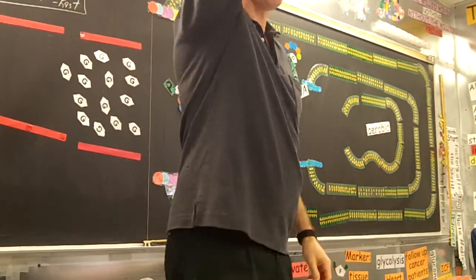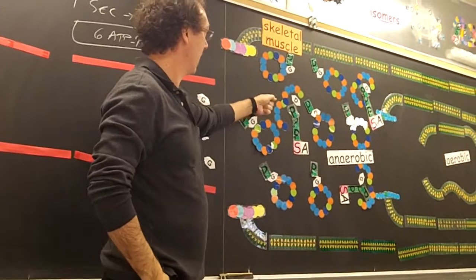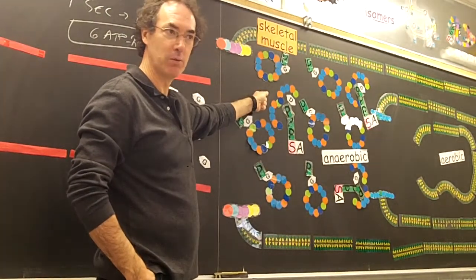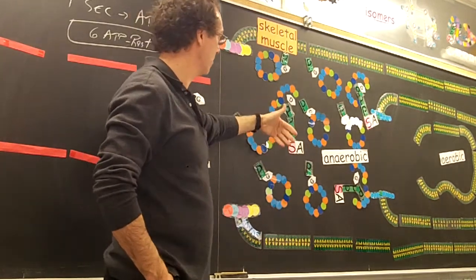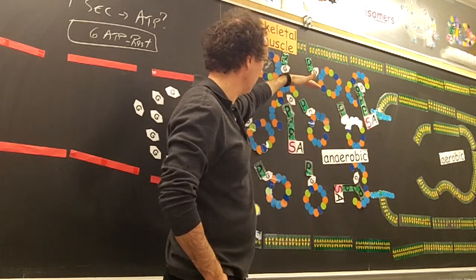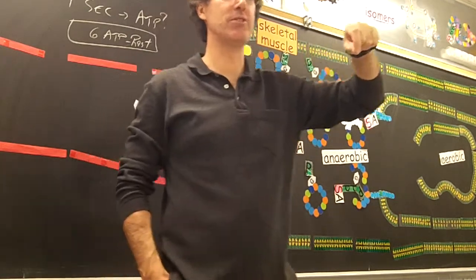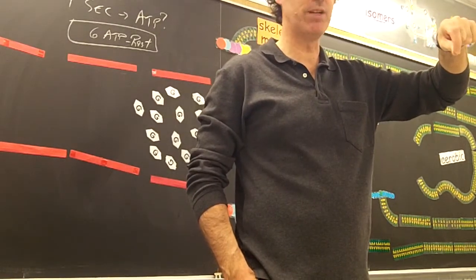So, what I want you to think about is, how does a mechanism of having enzymes turned on and off, how did that help our ancestors survive? That's what we're trying to figure out here today.